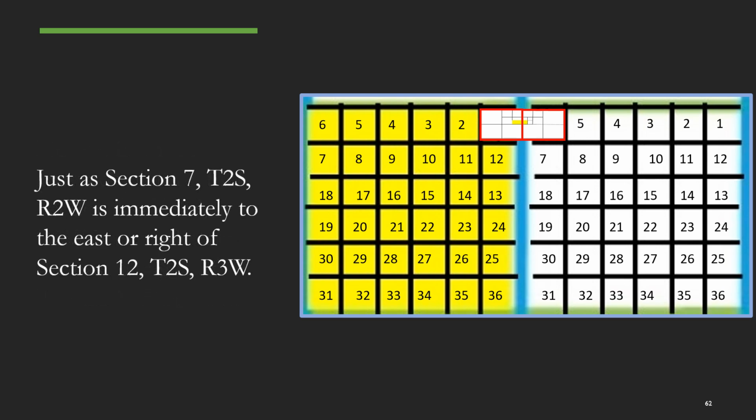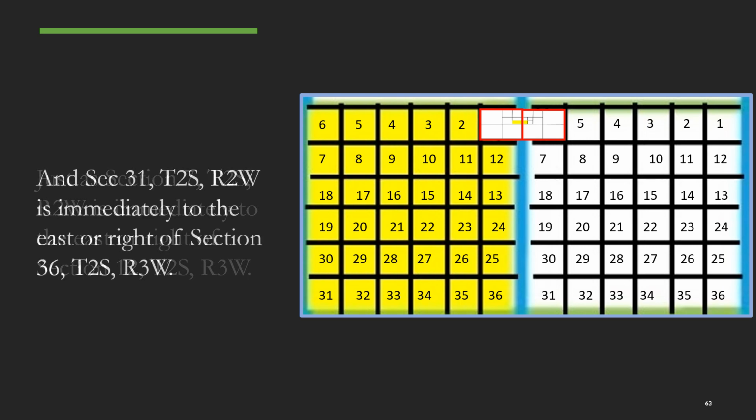Just as section 7 T2S R2W is immediately to the east or right of section 12 T2S R3W. And section 31 T2S R2W is immediately to the east or right of section 36 T2S R3W.